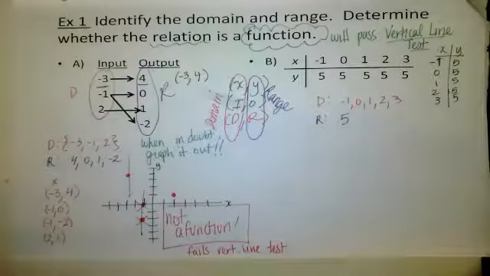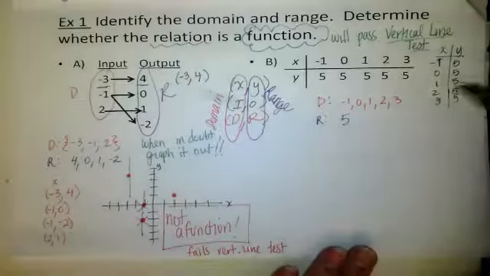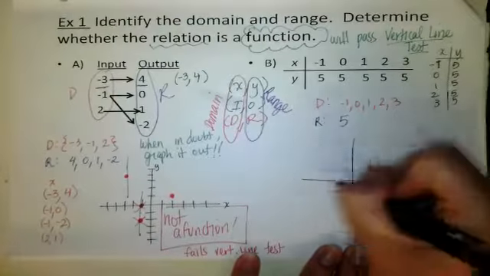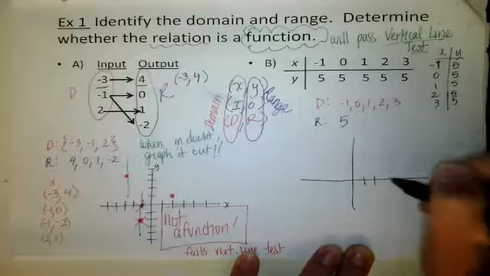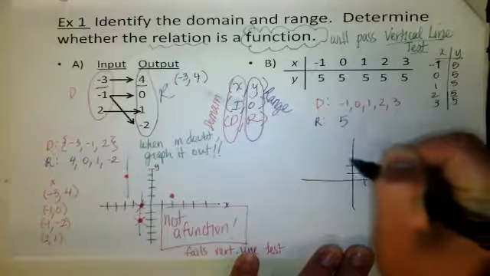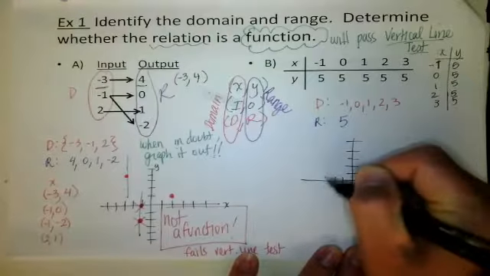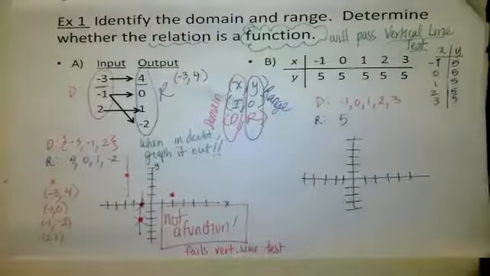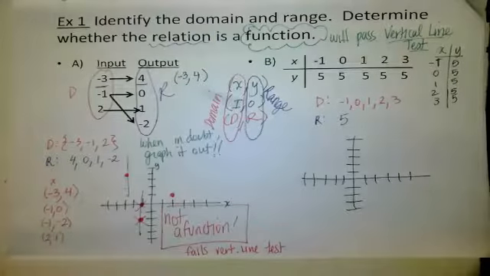All right, I'm going to do that for letter B as well because I want to be sure whether it's a function or not. Again, I'm going to make my little chicken scratch graph.